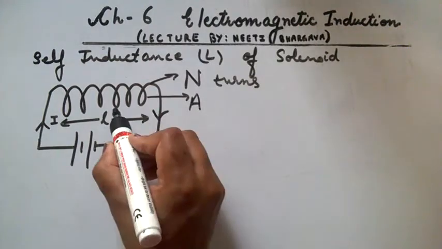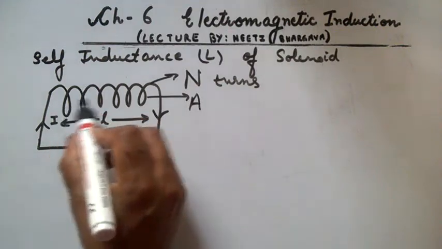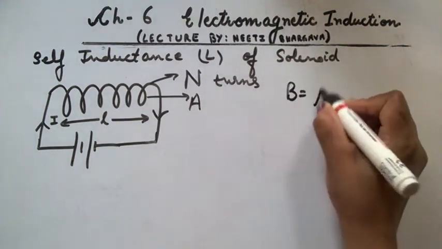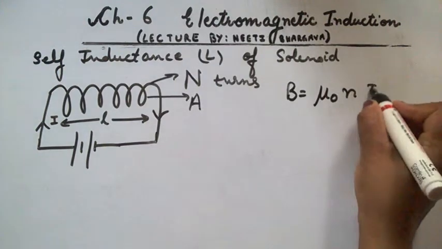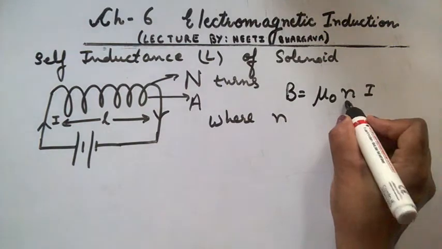And the magnetic field produced when the current is flowing through it is equal to mu naught n I, where n is the number of turns per unit length.